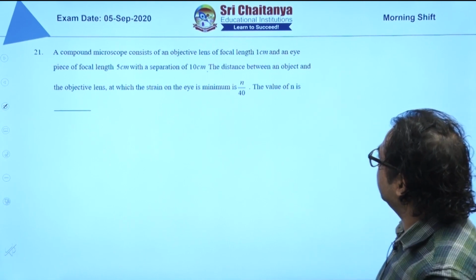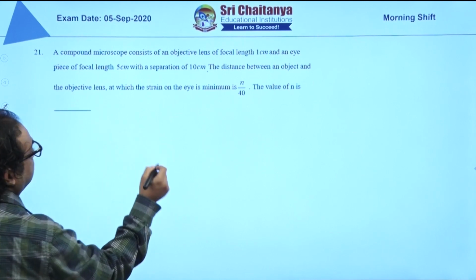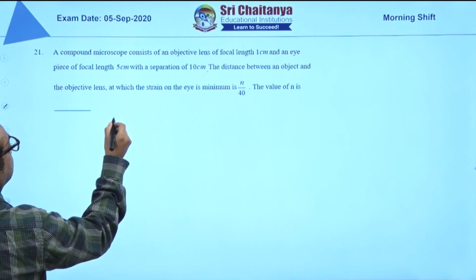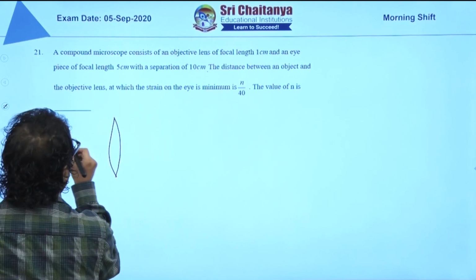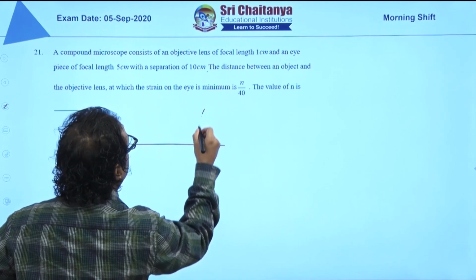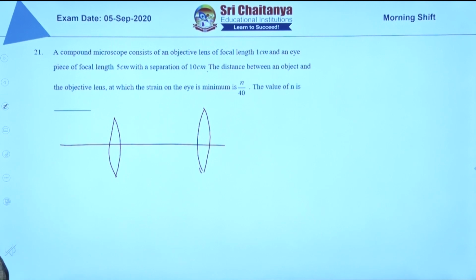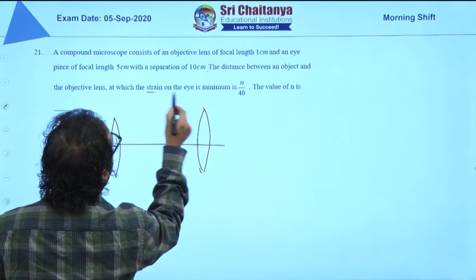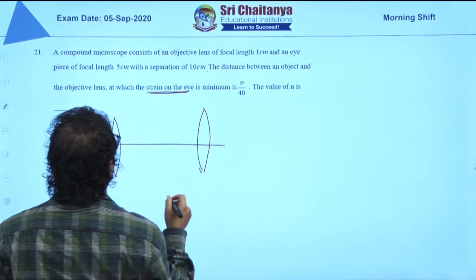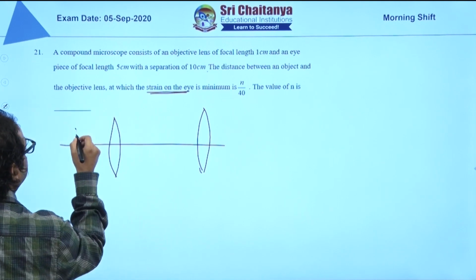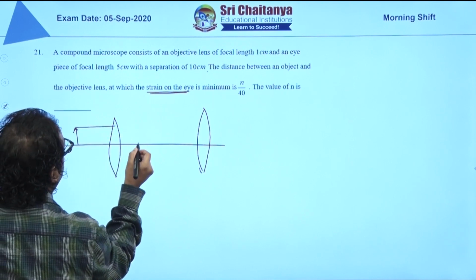So, what is it trying to tell? Let us say your objective lens is given, and here you are given your eyepiece. When it is talking of minimum strain in the eye, then definitely, let us say here is the object and an image is formed here.